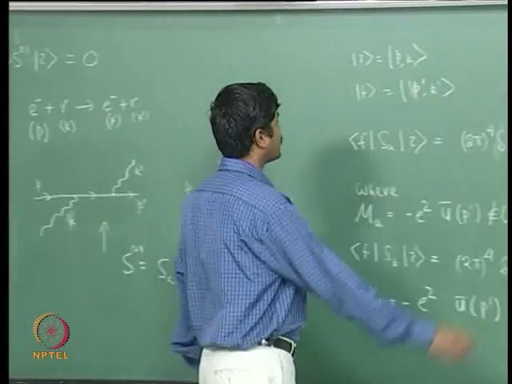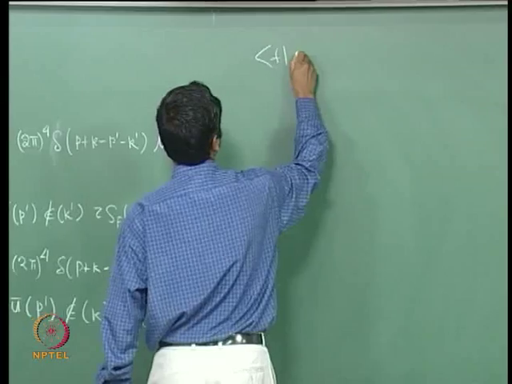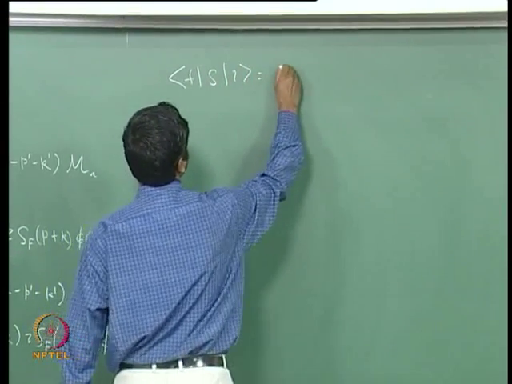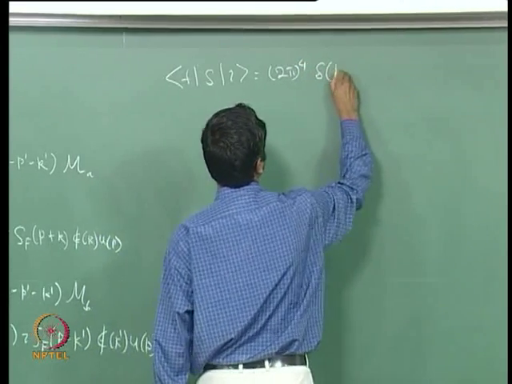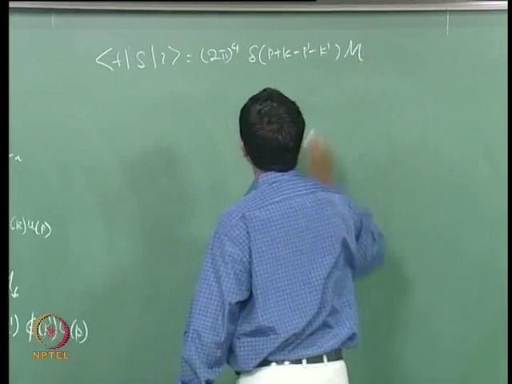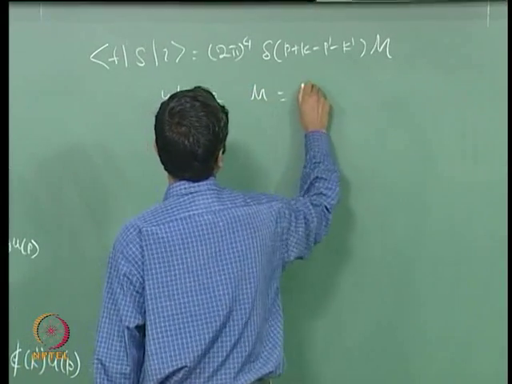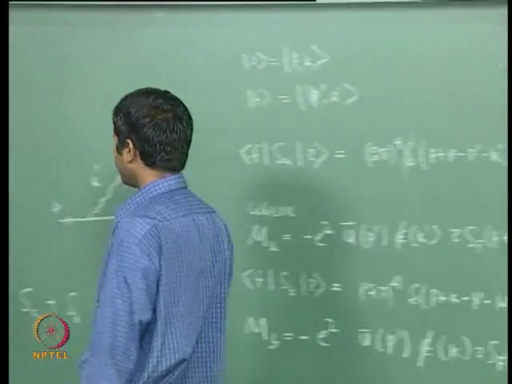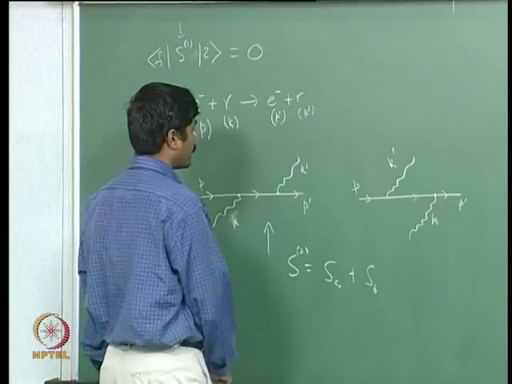So finally this amplitude is simply given by 2 pi to the power 4 delta of p plus k minus p prime minus k prime times M, where M is given by MA plus MB.